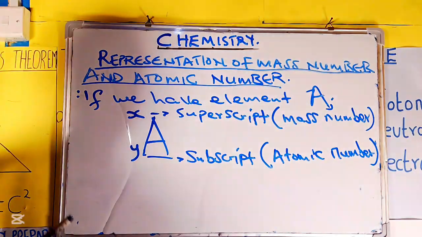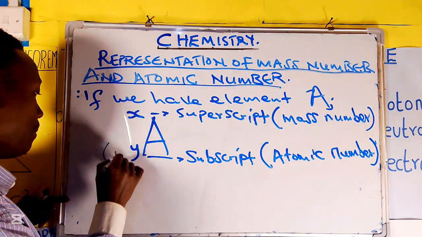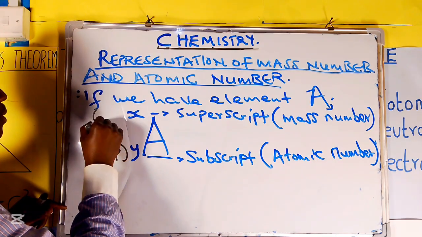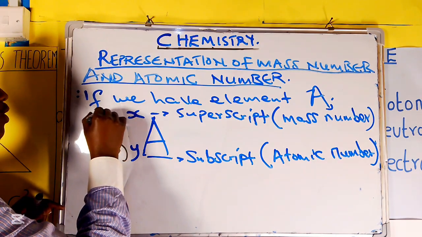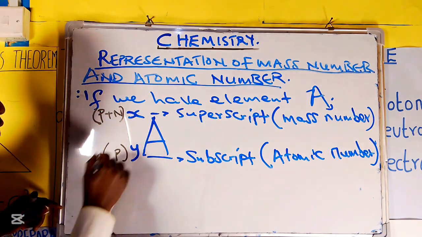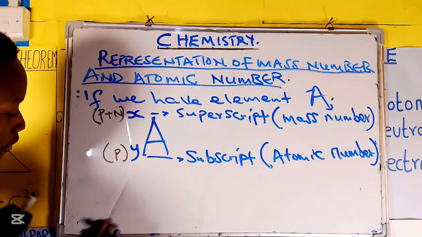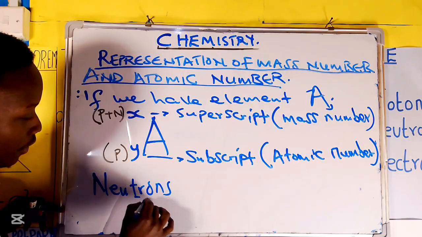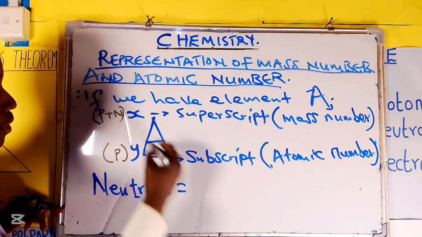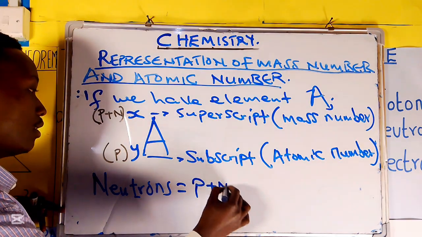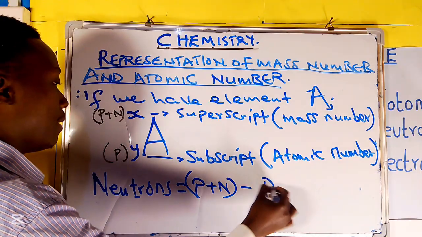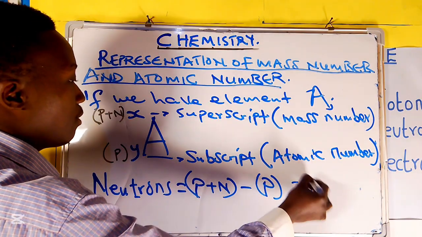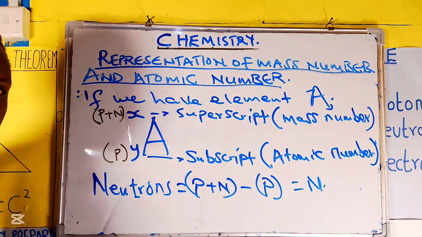So atomic number, don't forget, is the number of protons, and the mass number is the number of protons and neutrons. So if you want to determine the number of neutrons, you take the protons plus neutrons, which is the mass number, minus the atomic number, and you are going to be left with neutrons.